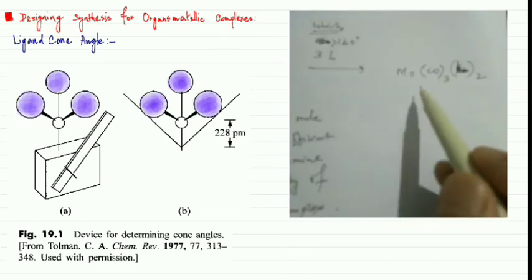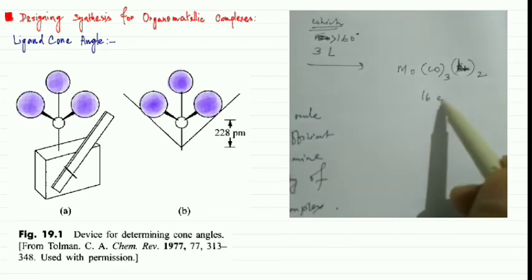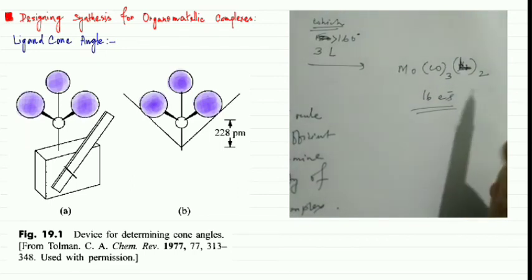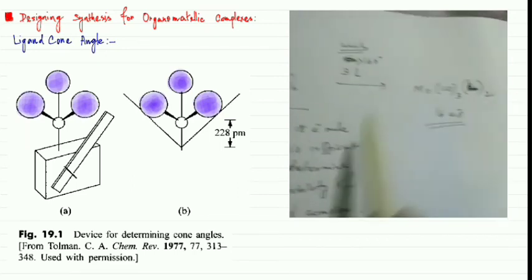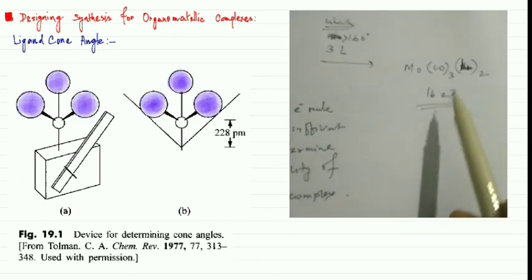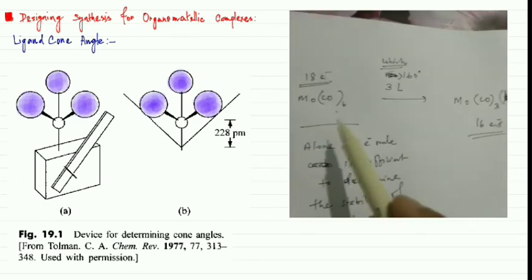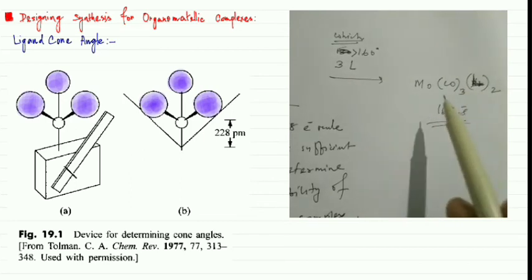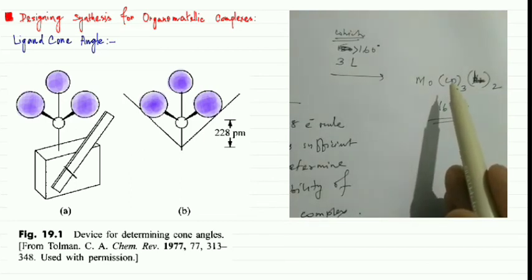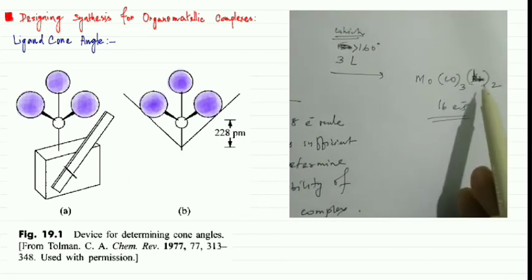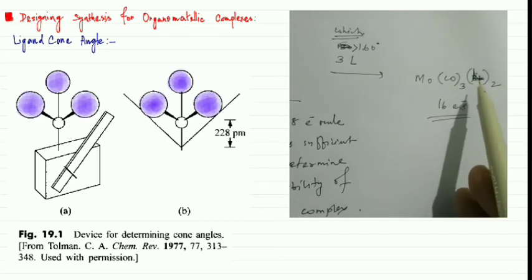If you count the number of electrons, it will be 18 electrons. So to get a stable product, 3 carbonyls must be substituted by the 2 huge ligands.